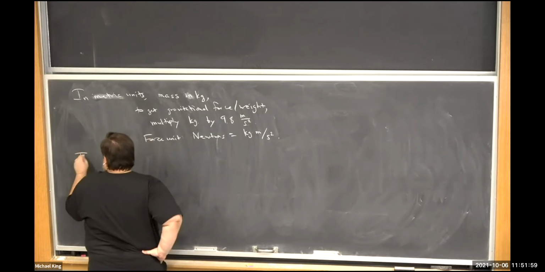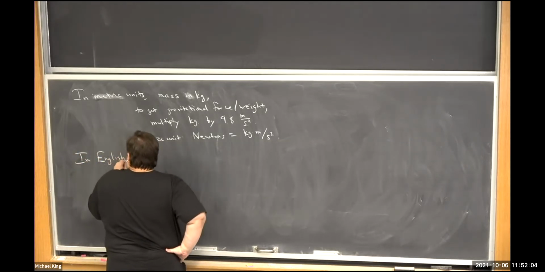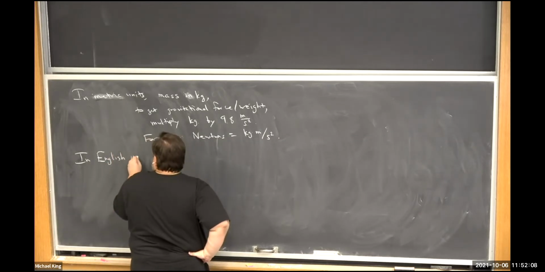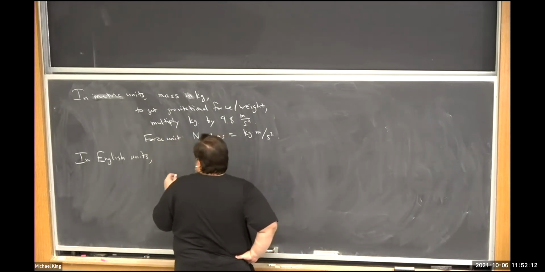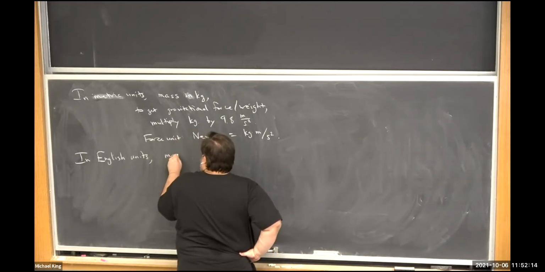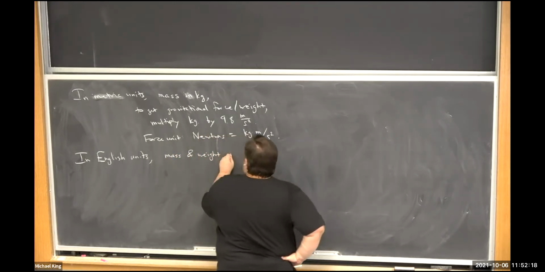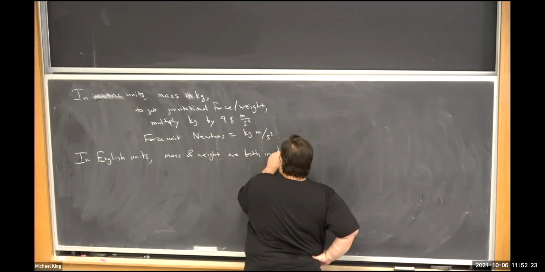But in English units or whatever it's called, pretty outdated now, but we still use them a lot. This book uses a bunch of them. In English units, mass and weight are conflated, both in pounds.